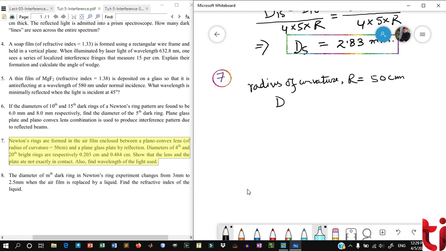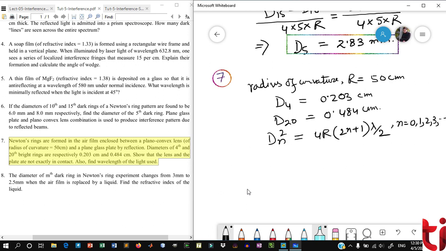Diameter of the 4th bright ring and expression for nth bright ring is, for such a plano-convex lens Newton's ring setup, the central ring must be equal to a dark ring.